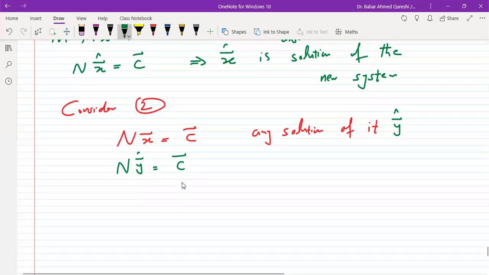This is satisfied. But M, I said, is non-singular. So that means it has an inverse. So I multiply both sides by M inverse.